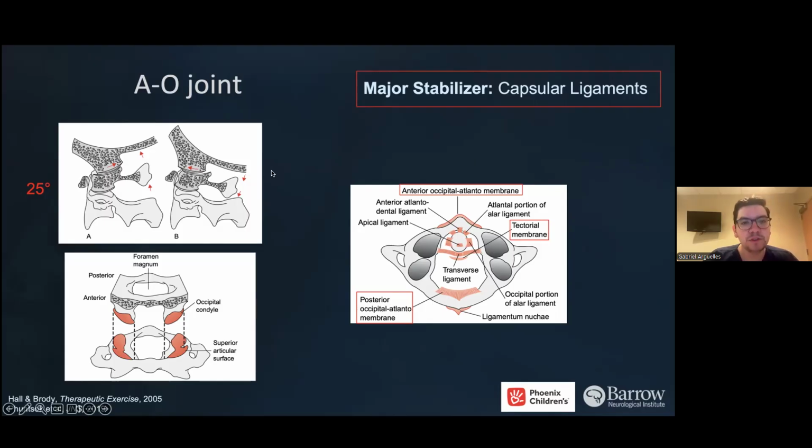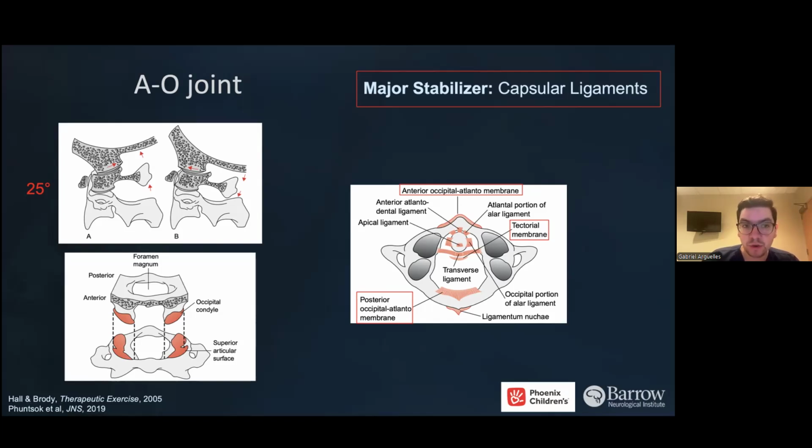And that comes into view when comparing and contrasting this level with the C1-C2 joint because they're very different. And that has some implications on their predisposition for injuries, their stability, and so forth.